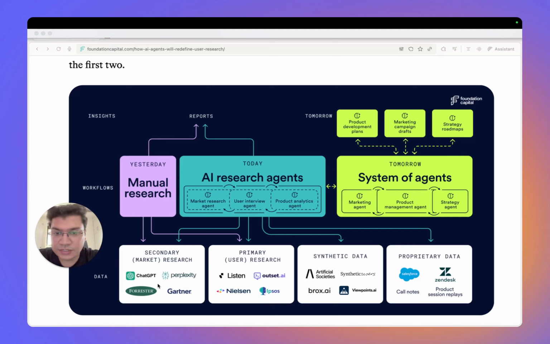Currently they cannot get the data out from videos. They cannot get the data out from images or charts or infographics, right? So that is one limitation that I've found.